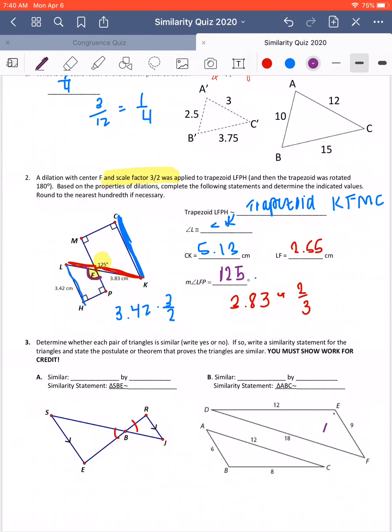Then we can say, depending on which ones you want to look at, this one is congruent to this one by alternate interior angles, and the same with the other angles. So yes, this is similar by angle, because we only need two angles to prove similarity. And the similarity statement, it says SBE is similar to triangle JBR.